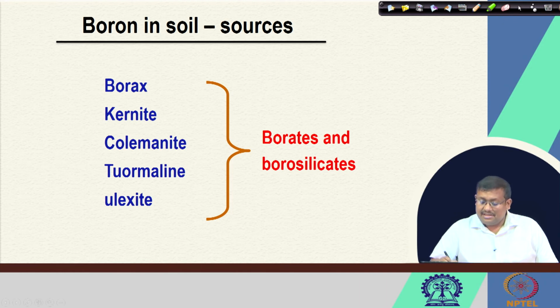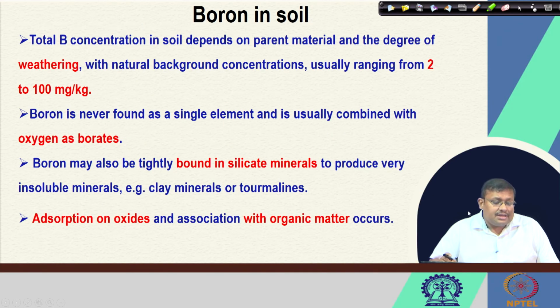These are the minerals. So, if we consider boron in soil, total boron concentration in soil depends on parent material and the degree of weathering, with natural background concentration usually ranging from 2 to 100 ppm.